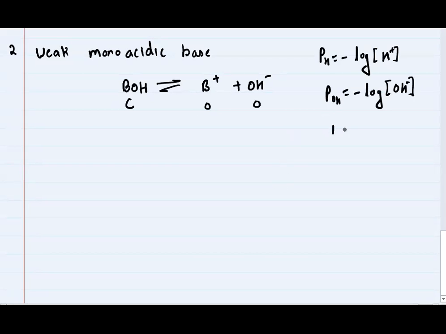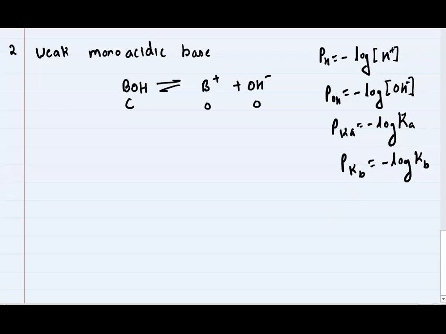Then pKa is minus log Ka, and pKb will be minus log Kb. These are the terms that you have to use. Now try to find pOH, because we have OH minus furnished over here. So first try to find pOH for this reaction.